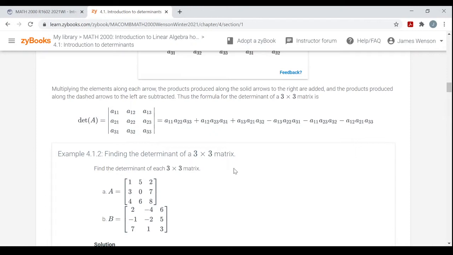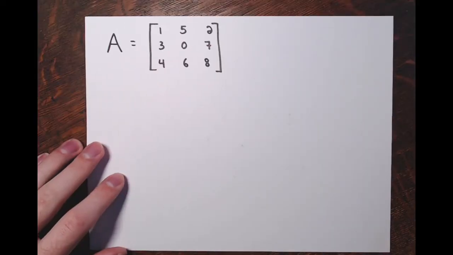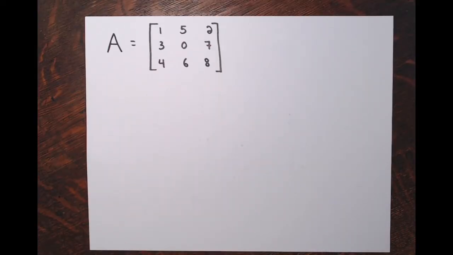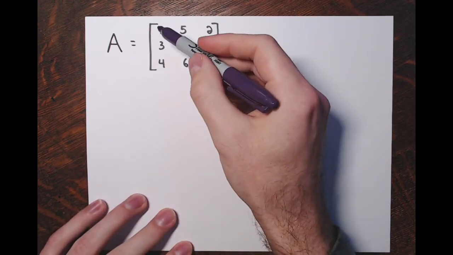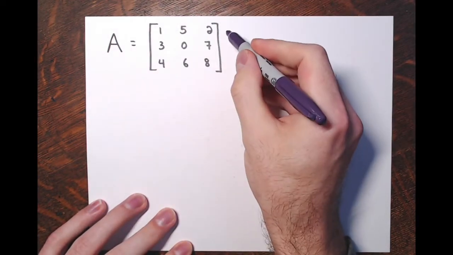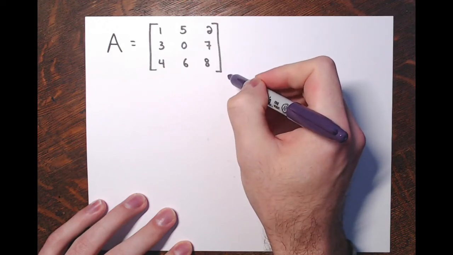I'll do a couple of examples on some paper and show you this procedure for finding the determinant of a 3 by 3 matrix. Here's the matrix A that's given to me. This method starts off this way: I've got this 3 by 3 here, then I add an addendum over here.